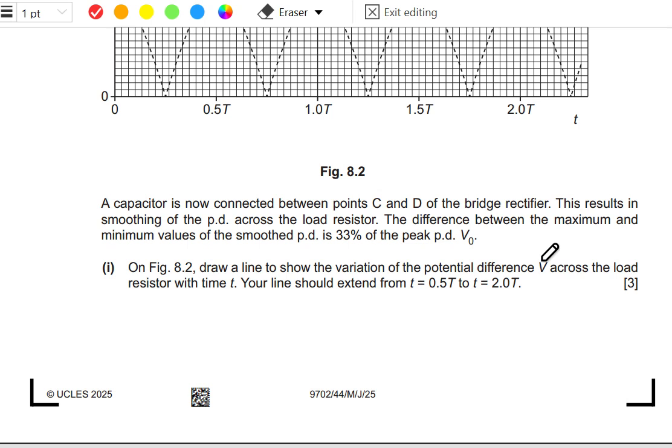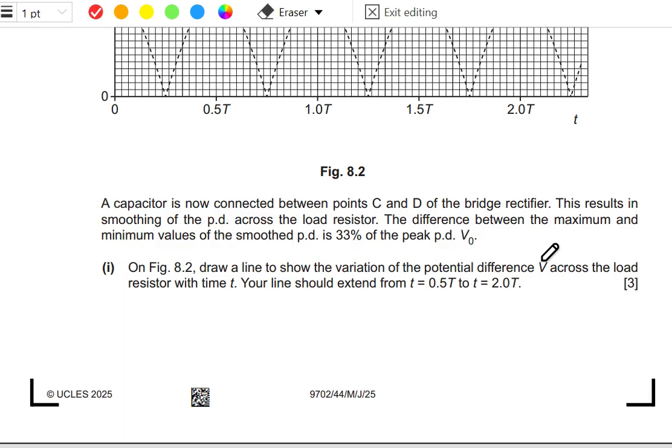On figure 8.2, draw line to show variation of V across the load resistor with time. Your line should extend from 0.5 T, capital T periodic time, to 2 T.